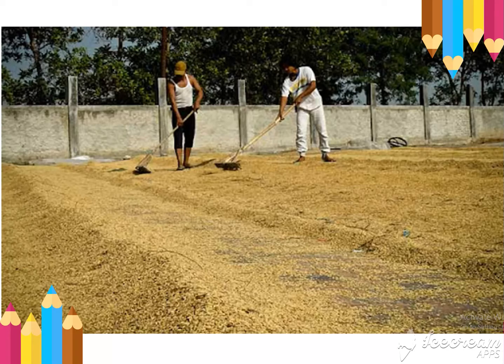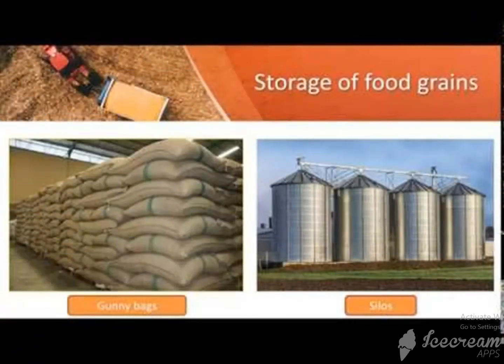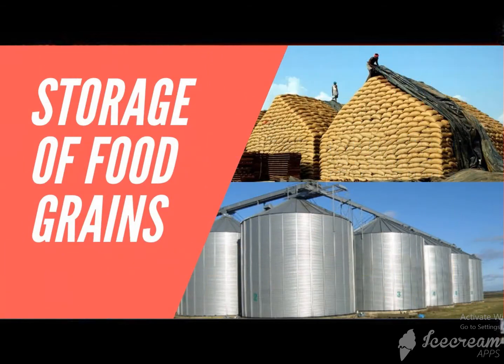So the grains must be sun dried before storage. And the dried grains are stored in gunny bags or bins. If it is a large quantity, it is stored in granaries and silos.